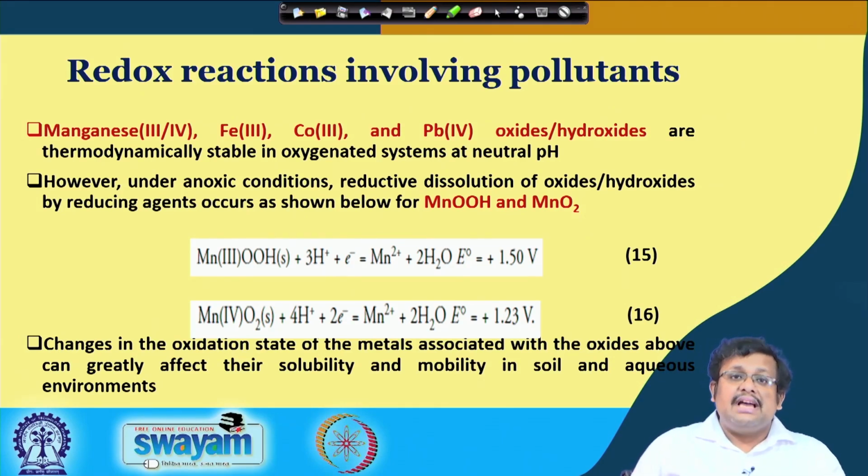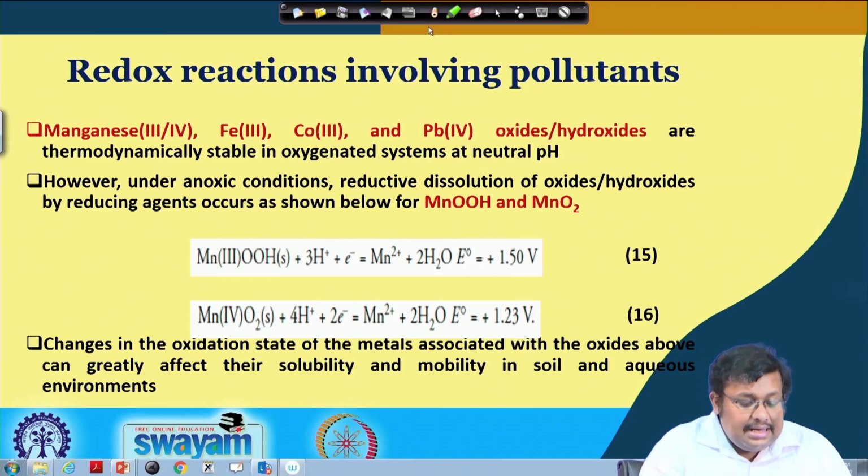Here you can see the reduction of MnOOH and MnO2 and how it happens. You can see here this Mn(III)OOH, which is a solid, when it is reduced, it produces Mn2+. And when MnO2, Mn(IV)O2, gets reduced, it also produces Mn2+.